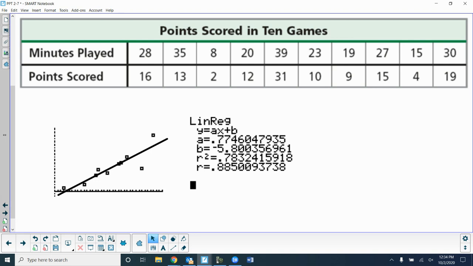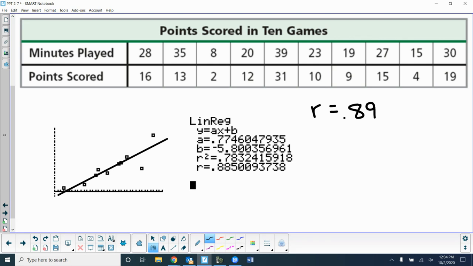Okay? So when you answer this question, you'll just put R equals, we'll just go to hundredths, 0.89, because there's a 5 after this second 8. And then, what's it say under LinReg there? Y equals AX plus B. What are we used to saying?